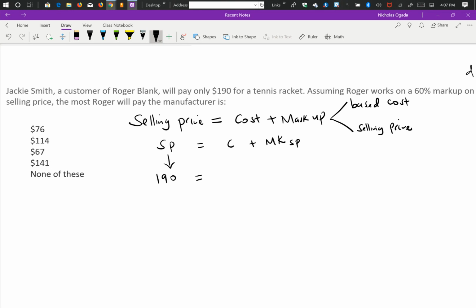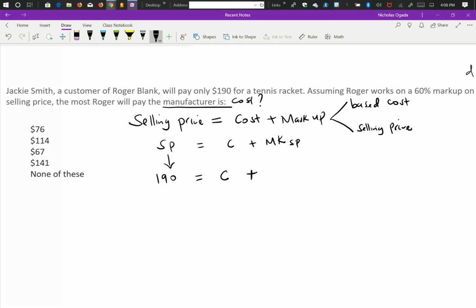And how about the cost? In this problem, we don't know the cost, because that's what we're looking for: how much is Roger willing to pay to the manufacturer. So the cost is what we don't know. Let C represent our cost.